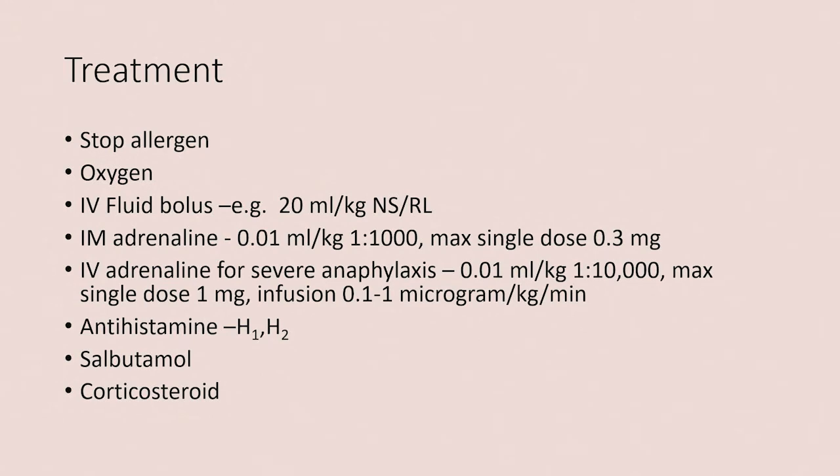Treatment for severe reactions would be intramuscular adrenaline, or for very, very severe cases we may consider IV adrenaline. Antihistamine, salbutamol, and corticosteroid may also be given. One thing of note is that if we are administering intramuscular adrenaline, it's 1 in 1,000 adrenaline rather than the 1 in 10,000 that we use when we are doing neonatal resuscitation or when we are doing CPR.